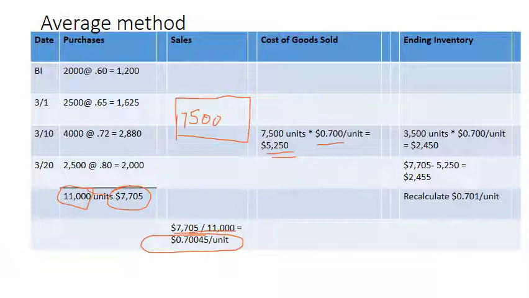So we would have remaining, as we did in the others, 3,500 units, because if we have 11,000 units to begin with and we've sold 7,500, there have to be 3,500 left. So if those 3,500 that are left have a cost of 70 cents each, that should be $2,450.